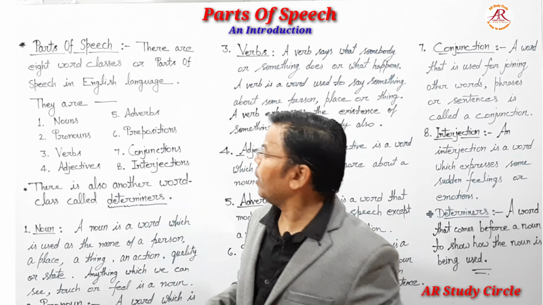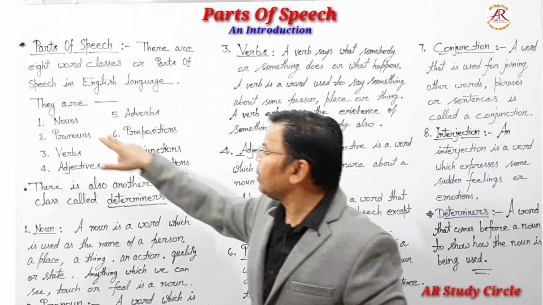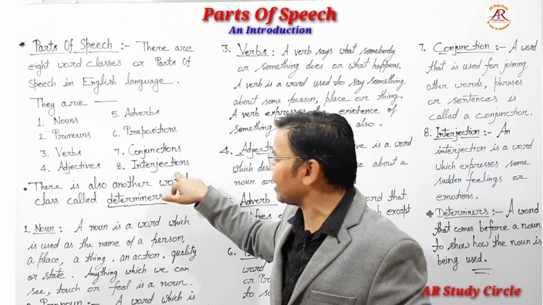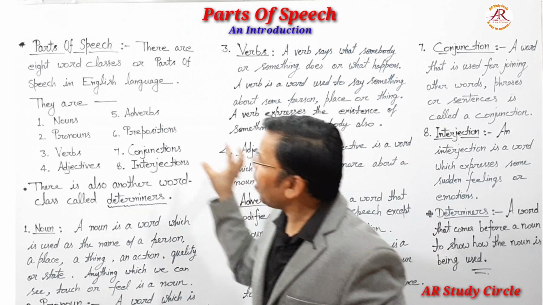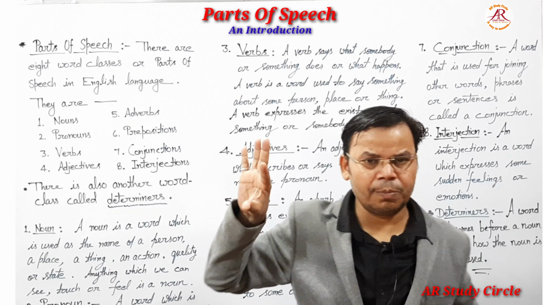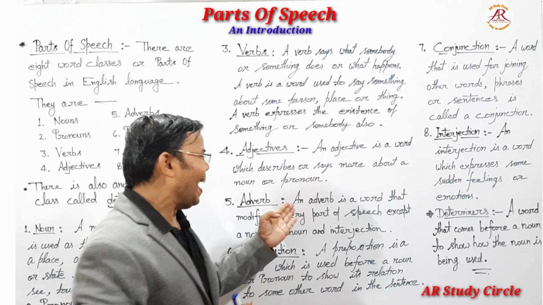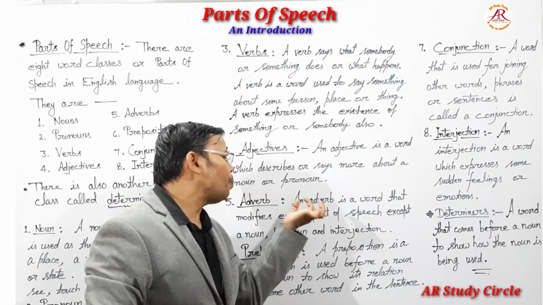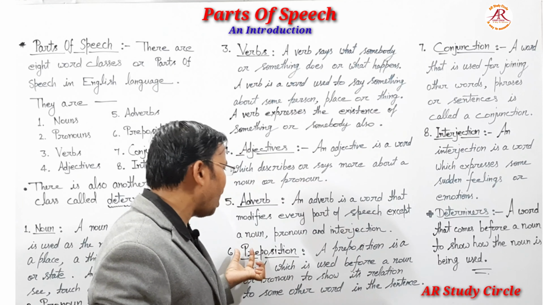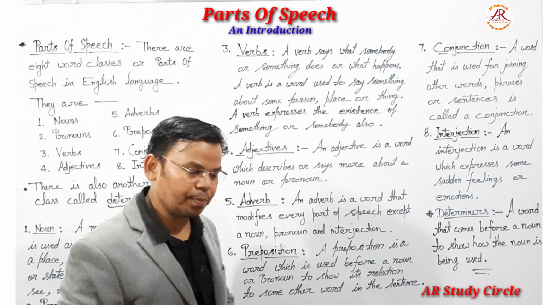It means if you leave noun, pronoun and interjection, then an adverb modifies all other types of words. So an adverb is a word that modifies every part of speech except a noun, pronoun and interjection.